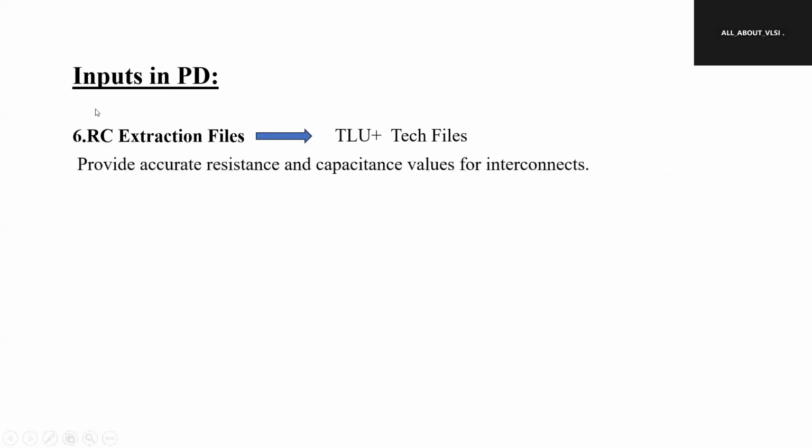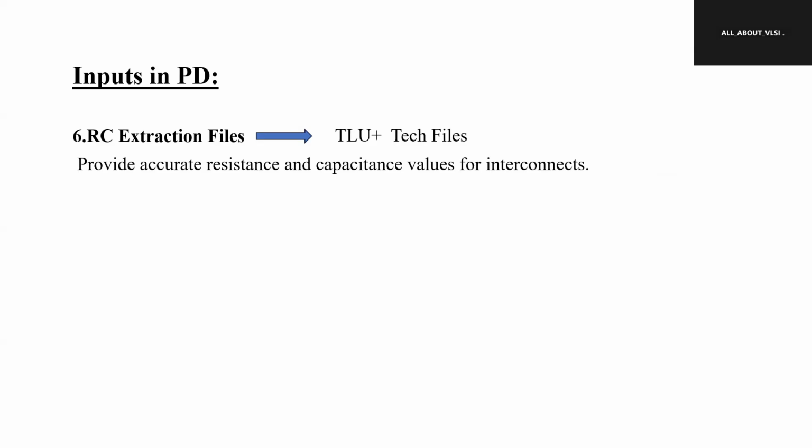And after that we are having the RC extraction file. Actually this one is denoted with the TLU plus file. So this one consists of accurate resistance and capacitance values for interconnects. Before going to routing, we need some idea about the metal layer resistance and capacitance values, right?